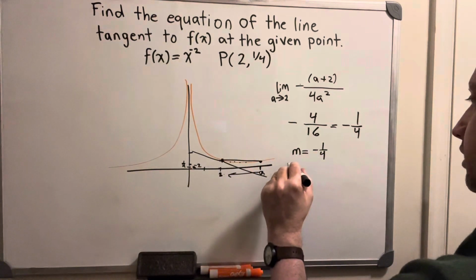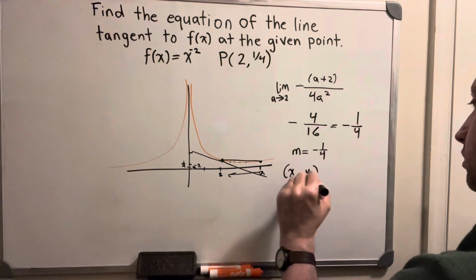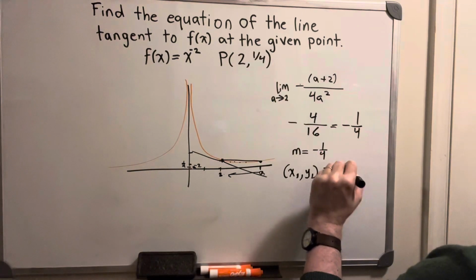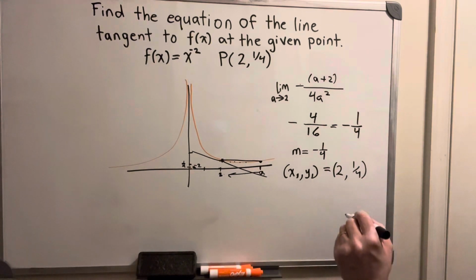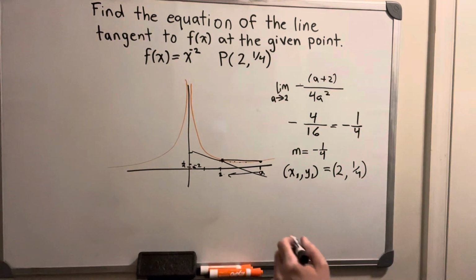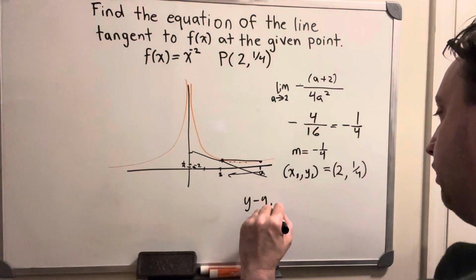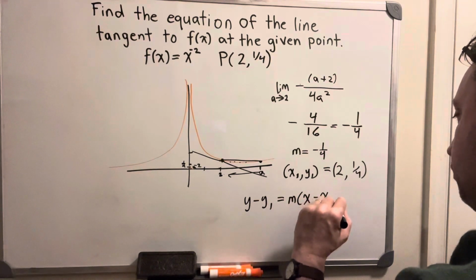And if the point x1, y1 is 2, 1/4, we can use the point slope form. Do you remember the point slope form? y minus y1 equals m times x minus x1.